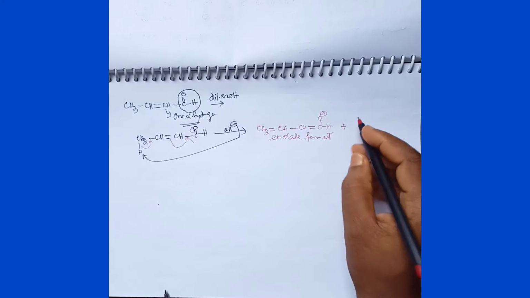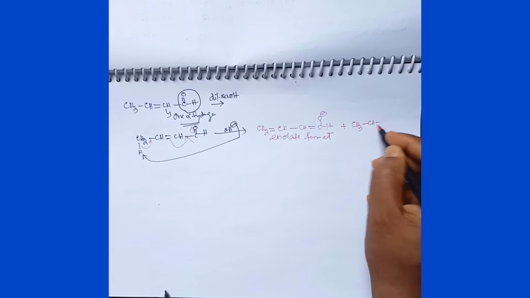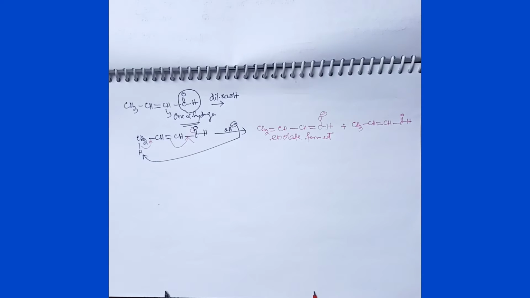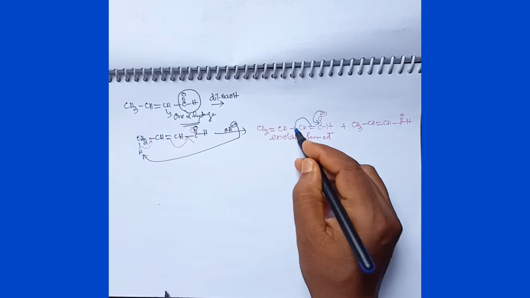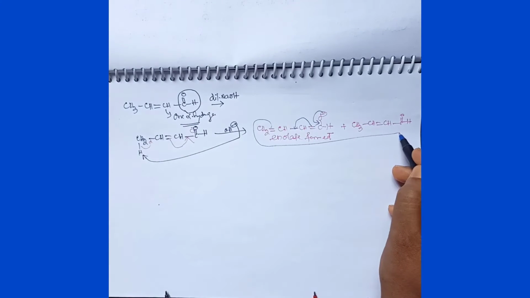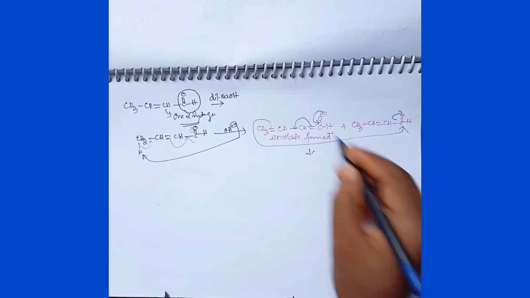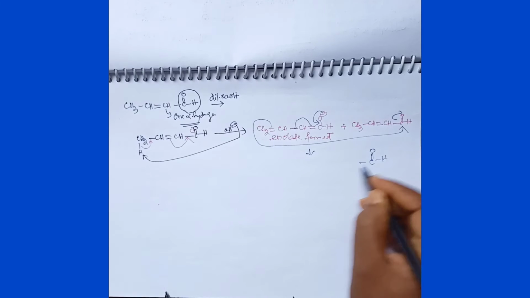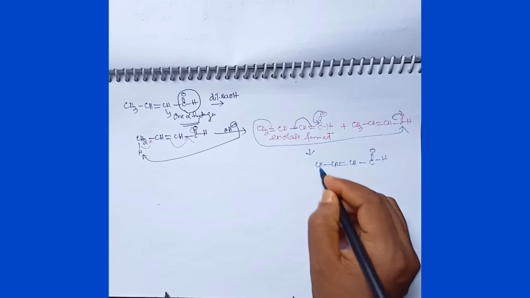Now it will attack the other molecule, CH3CHO. Now what will happen? It will attack here. Okay. So the structure will be, I will write this molecule here first: CHO double bond CH2.